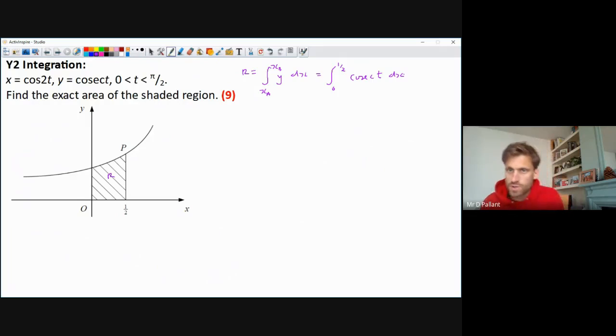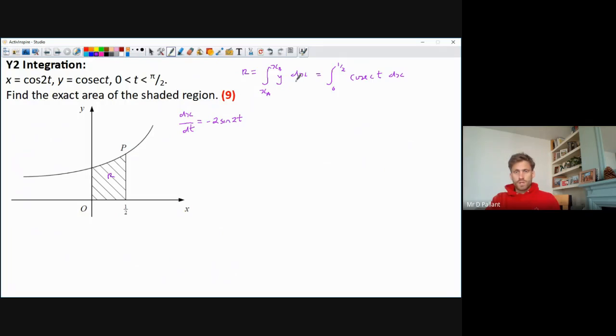So we're going to need to use dx by dt, a bit like a substitution. So the differential of cos is minus sine, but we've got the 2 there. So we've got minus 2 sine 2t.